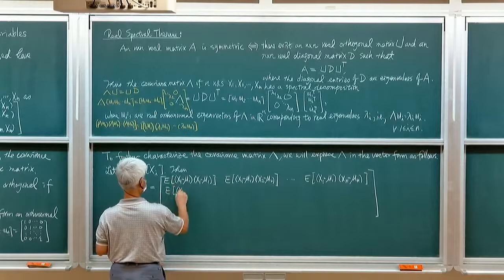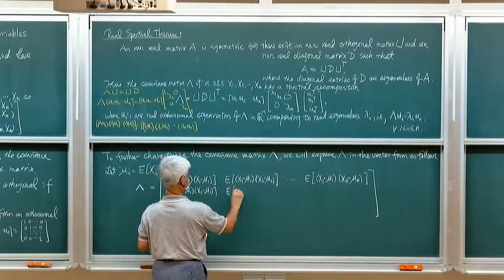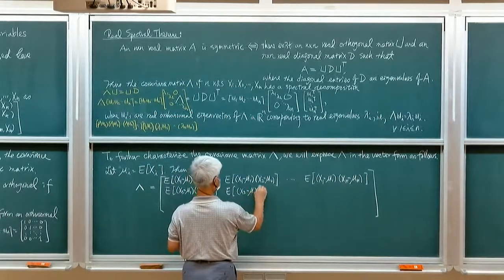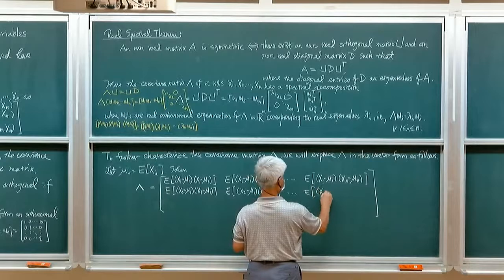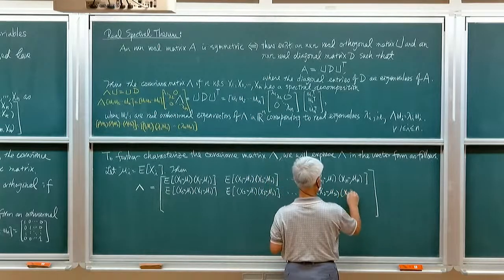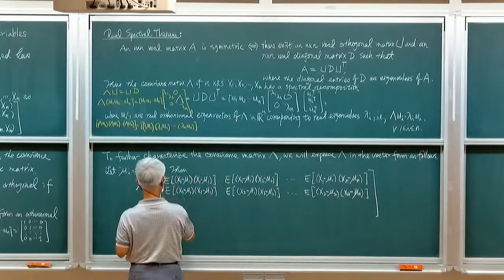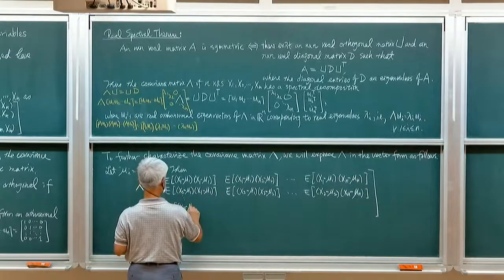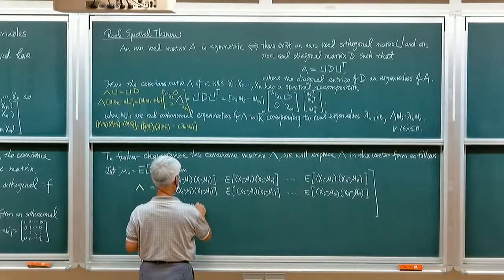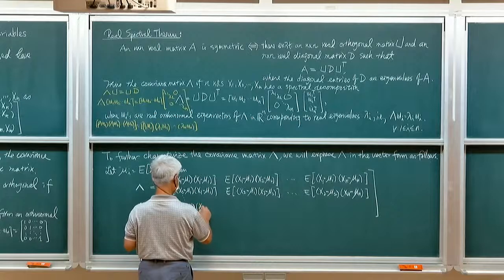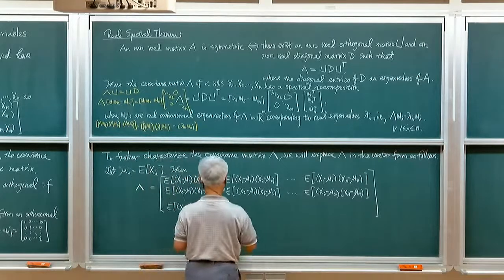And the second row, up to the nth row, is the covariance between xn and each random variable x_i.